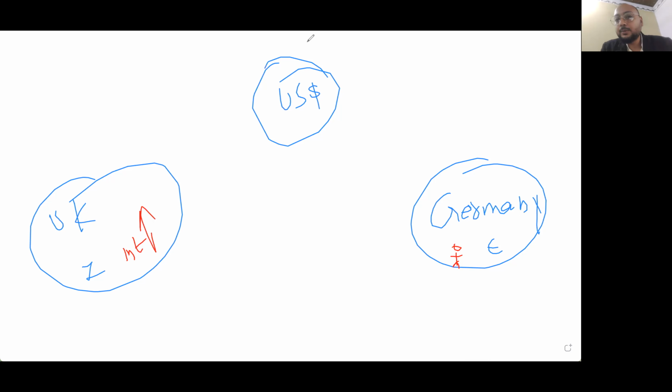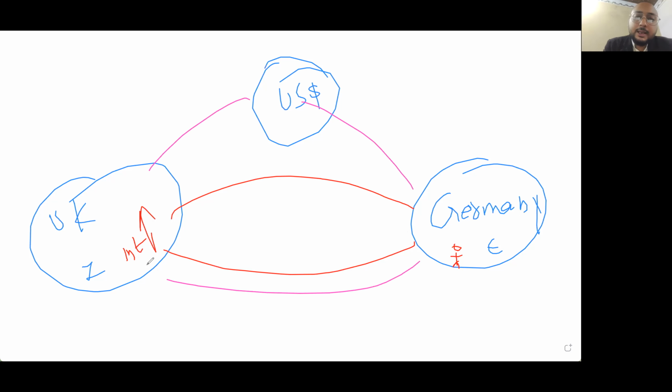The question just mentioned what happened to German investors, right? So your focus now changes from Germany to the UK. Previously, everybody was investing in each other based on the interest rate.